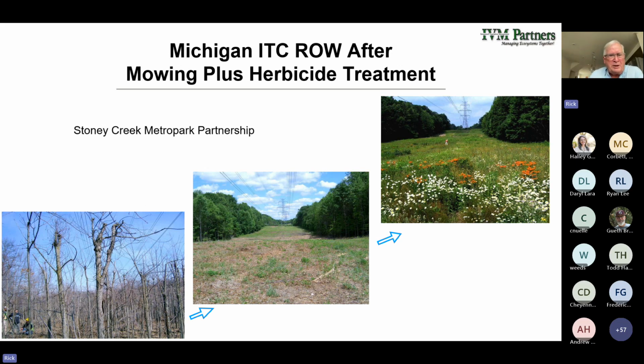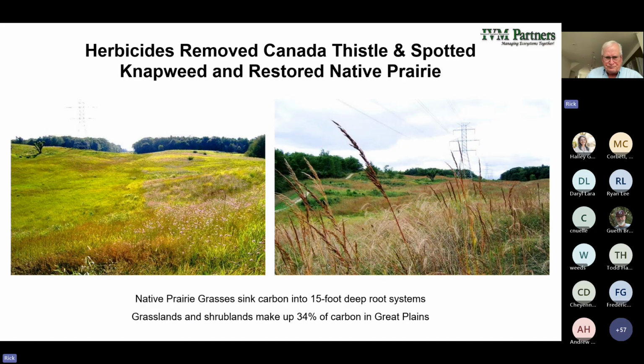So because of the new FERC regulations, I started doing consulting when I left Delmarva Power about 20 years ago and helped ITC up in Michigan. And you see on the bottom left what it looked like. It was cleared, and then we did herbicide treatment, and you see the desirable vegetation coming in.